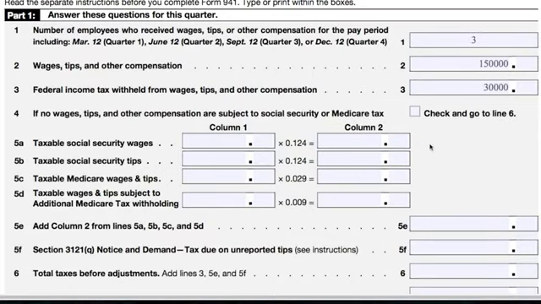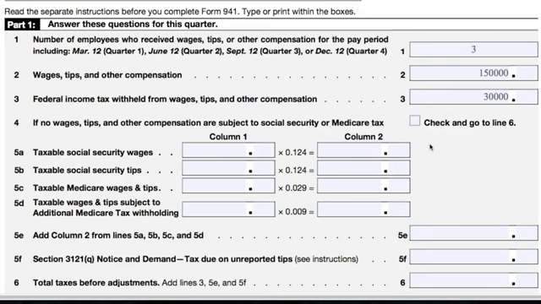But in most cases, most or all of the wages that you've paid will be subject to Social Security and Medicare taxes. Under current law, the first $132,900 of an employee's wages are subject to Social Security tax, but this wage limit typically changes from year to year, so make sure you know the current limit as you go to fill out the form.